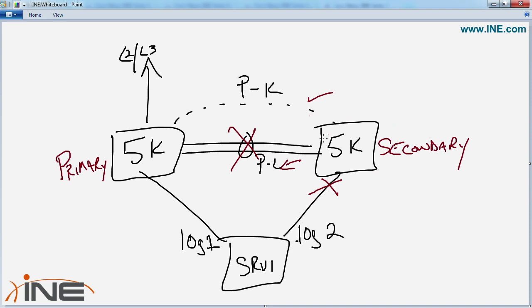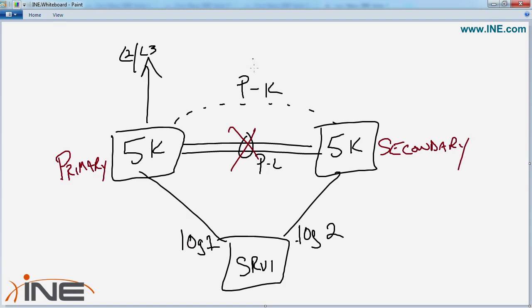The result of this should ideally be that we're not cutting off connectivity to the end host. It's just that its only way to forward traffic is now going to be in that direction. So now, as opposed to having a 20 gig port channel, we're reduced to having the one 10 gig single link.